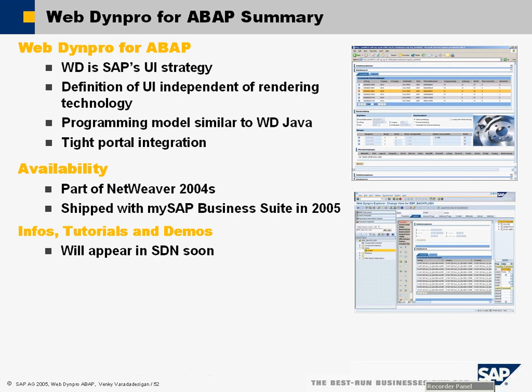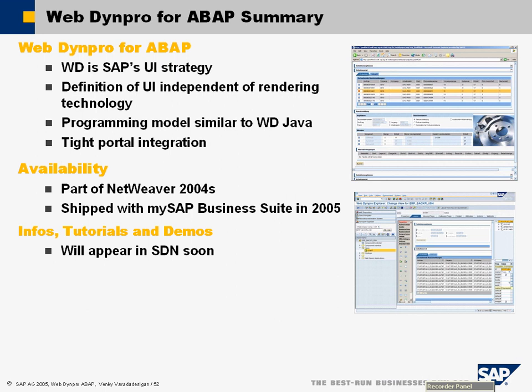Alright, so to wrap up, the summary for Web Dynpro for ABAP is: Web Dynpro is the SAP strategy for UI, and it is a technology that is independent of the client, which is a very, very strong concept, and the programming model is similar to the Java flavor.